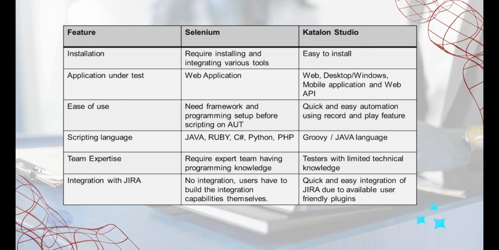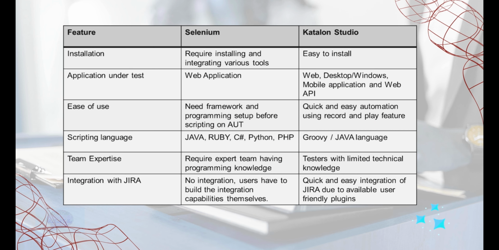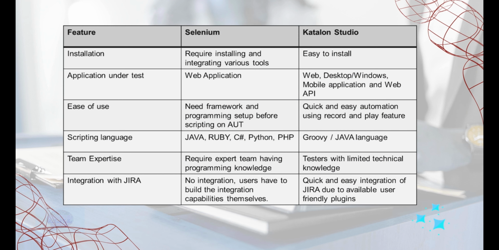Scripting languages: Selenium uses different scripting languages like Java, Ruby, C Sharp, Python, PHP, whereas Katalon uses two scripting languages, that is Java and Groovy. The requirement of team expertise for Selenium is high. It requires an expert team having programming knowledge. Whereas in Katalon Studio, testers with limited technical knowledge are enough.